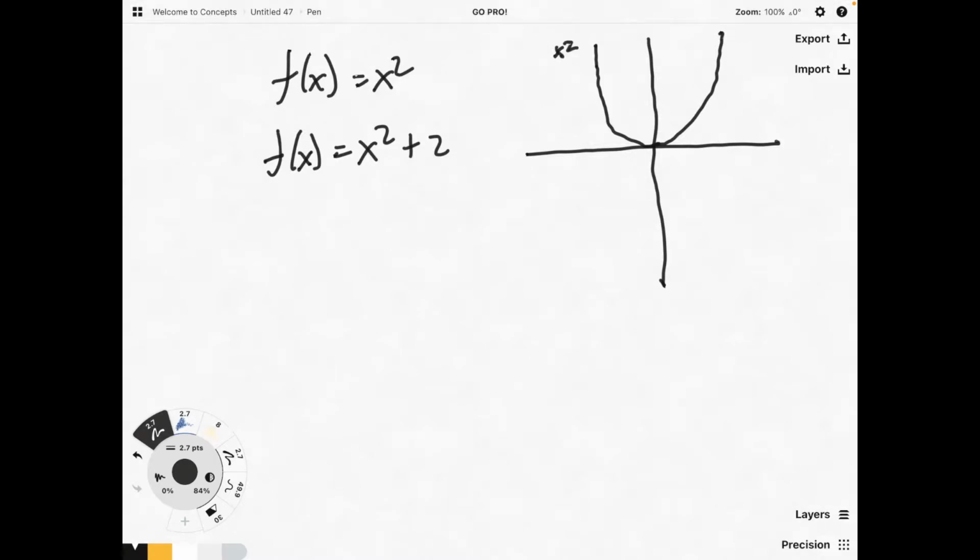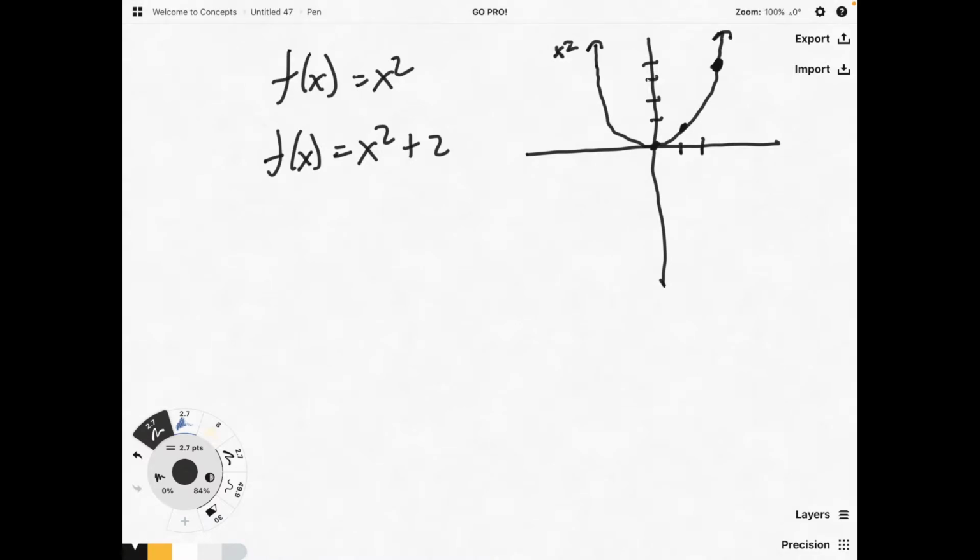We could plot this to be exact. At 0, 0, that would be this point. At 1, 1, that would be this point. At 2, we would be at 4, so it's 1, 2, 3, 4, which would be this point right here. And that's how we have this graphed here.